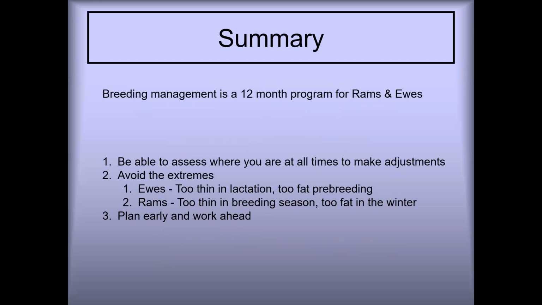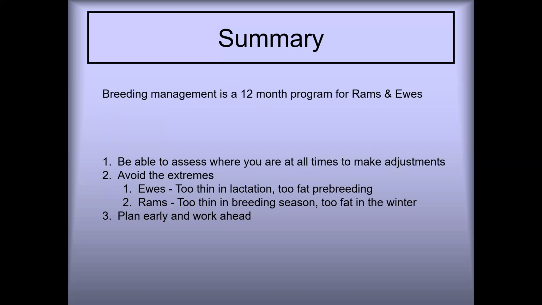That's where everything we've covered so far in our system is trying to maximize the genetic potential for those animals. And I think the one big thing is remembering that breeding management is actually a 12-month program. Every animal is in some phase of production at any given time. If they're in the dry period, we manage them one certain way.